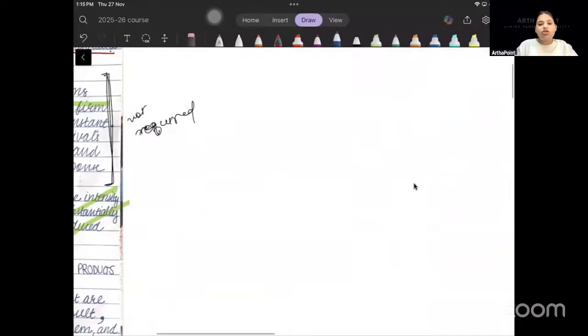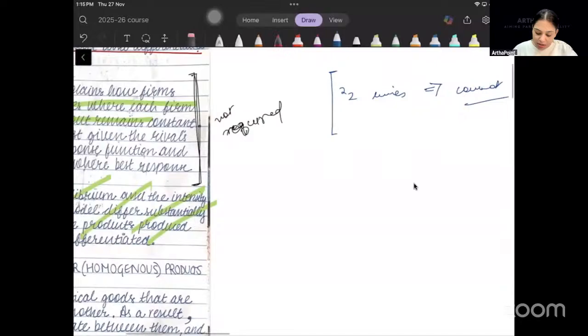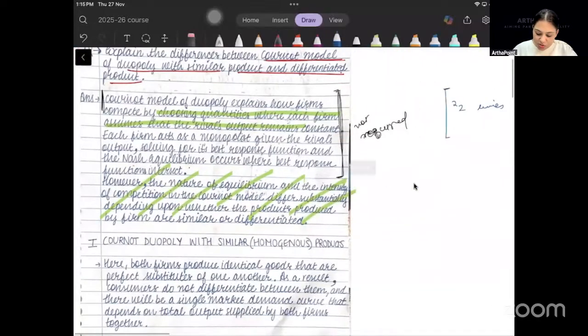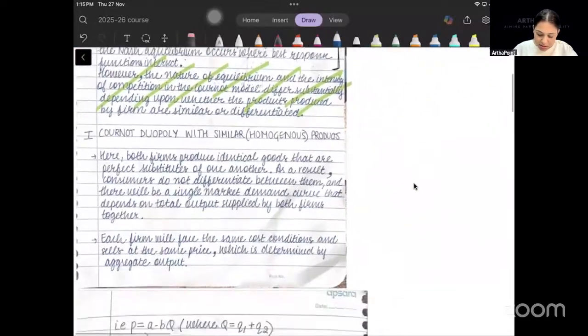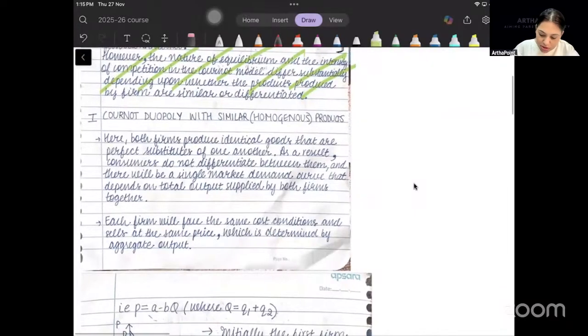So the introduction of this question is just 2 lines, and those 2 lines tell what the Cournot model is. That's enough. Now, let us look at Cournot model with homogeneous or similar product.